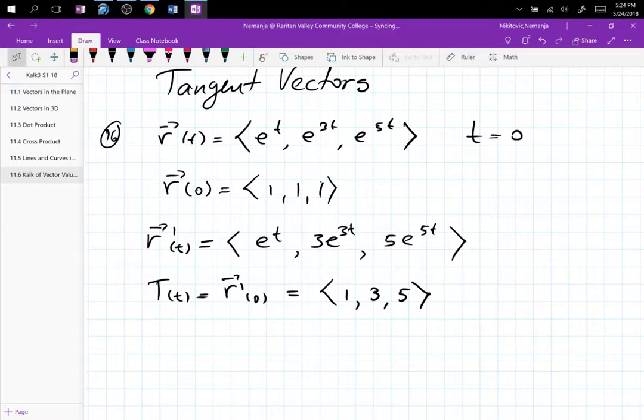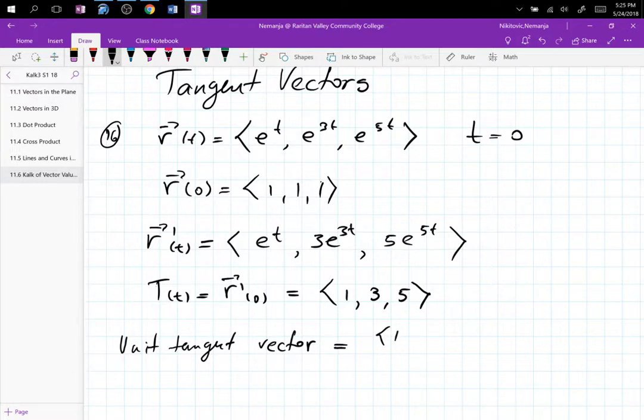Now I can push it further and ask for the unit tangent vector. Yes, divide this by its magnitude. So the unit tangent vector would be 1, 3, 5 divided by the magnitude of 1, 3, 5, which is the square root of 1 plus 9 plus 25.